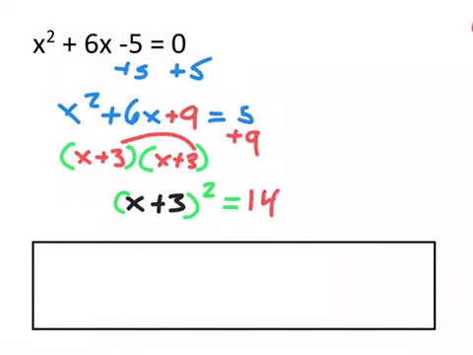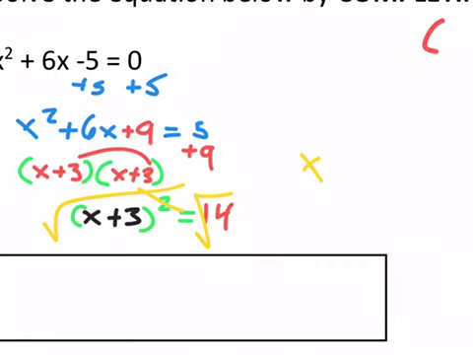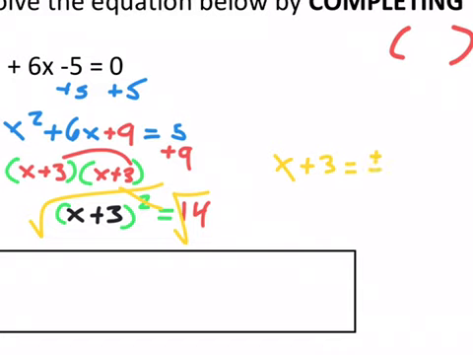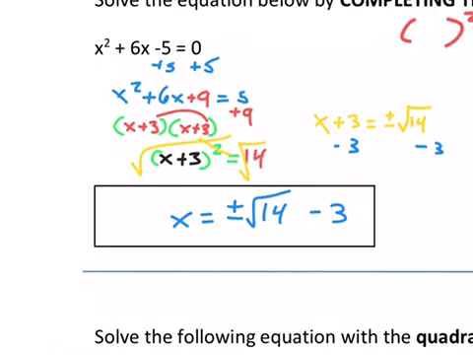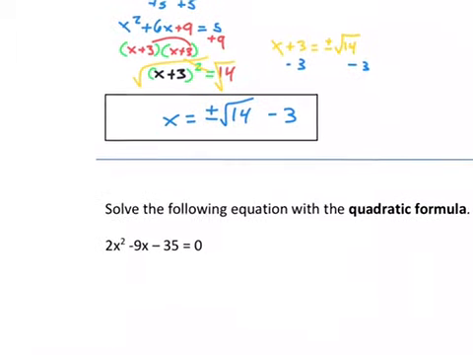And then we're ready to square root both sides. That frees up our x plus 3, leaves us equal to plus or minus square root of 14. There's no perfect squares in that, and so we're finished once we subtract 3 from both sides to get that x is equal to plus or minus the square root of 14 minus 3. All right.